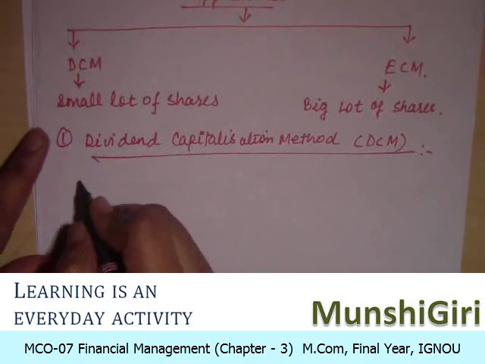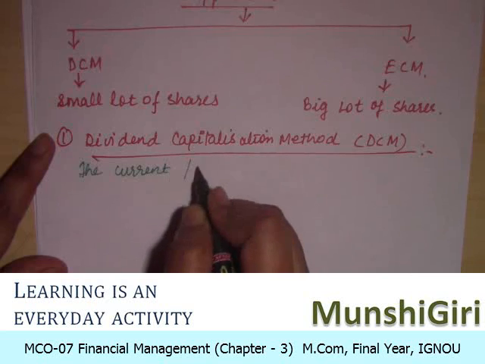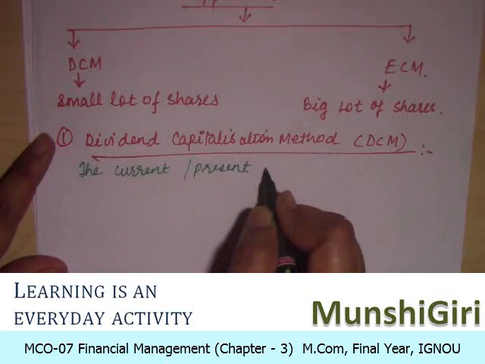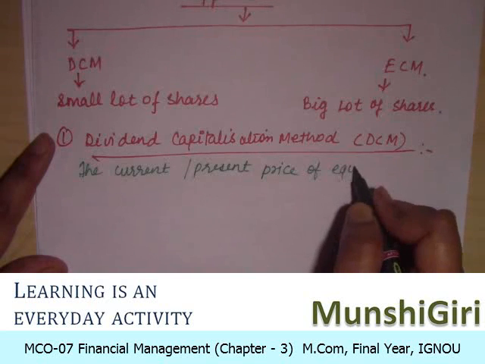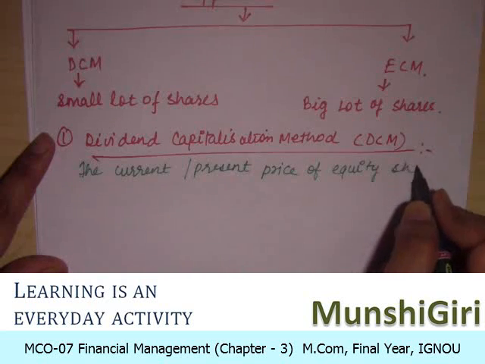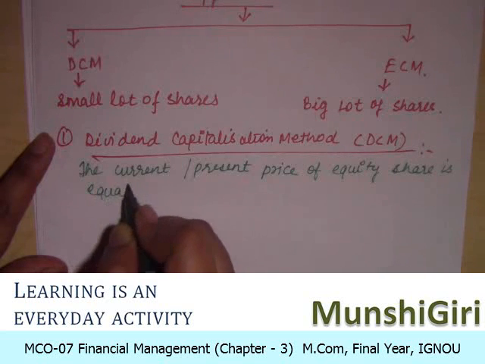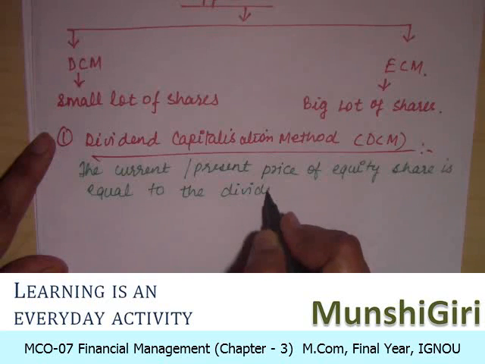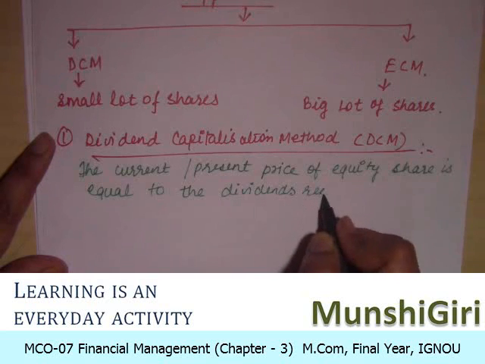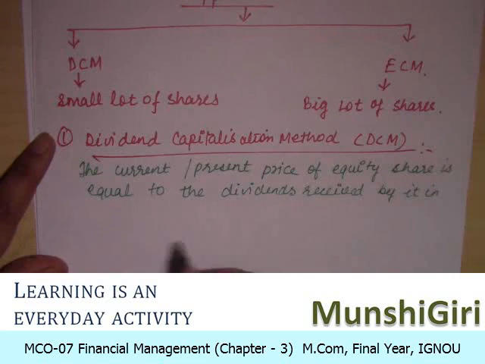That is, the current or present price of an equity share is equal to the dividends received by it in the foreseeable future.